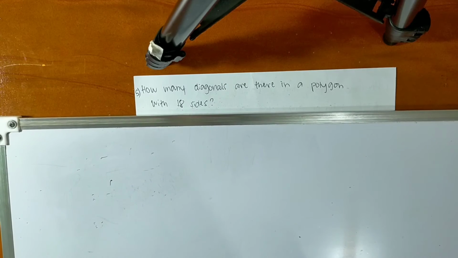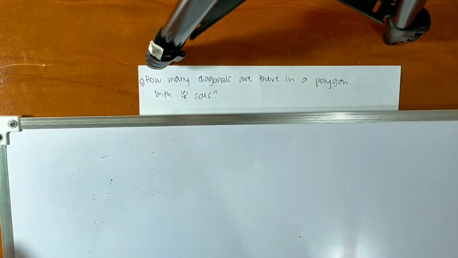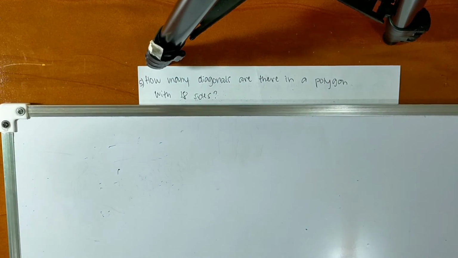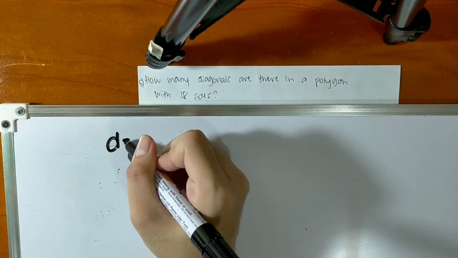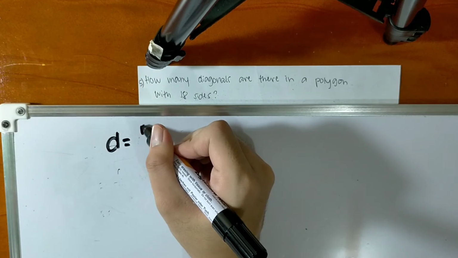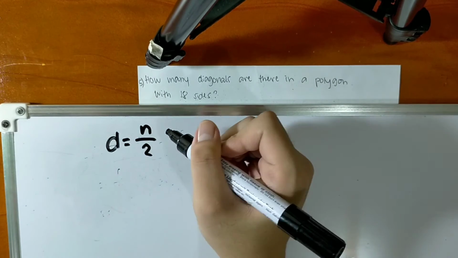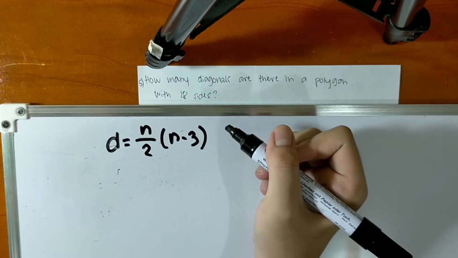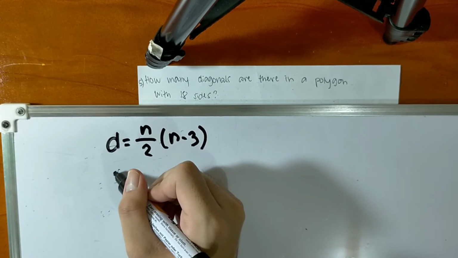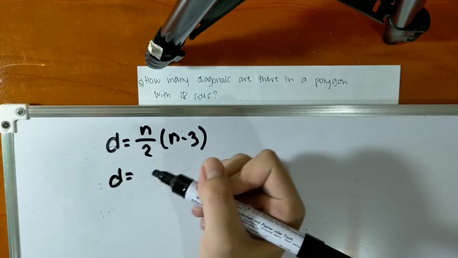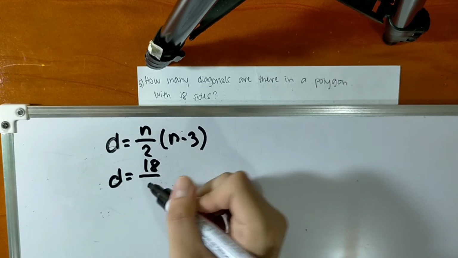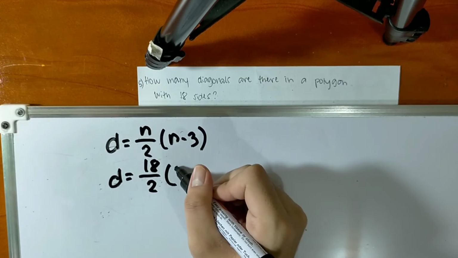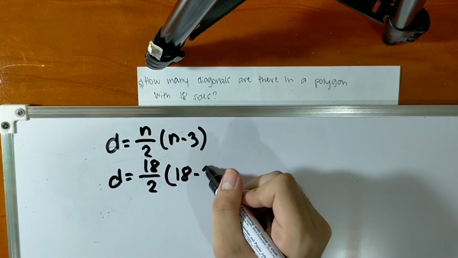For our last and final problem: how many diagonals are there in a polygon with 18 sides? To find that, I use the formula D equals n over 2 times (n minus 3). Since n represents the number of sides, we substitute n by 18.